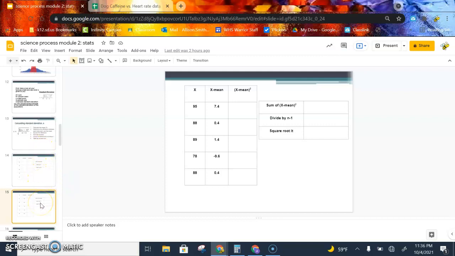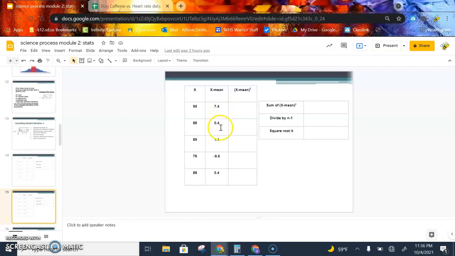And so what I need to do is take X minus the mean, minus the average. So 95 minus my average, which was 87.6, the difference is 7.4. 88 was this dog's heartbeat, minus the average, which was 87.6, and that was only a difference of 0.4.